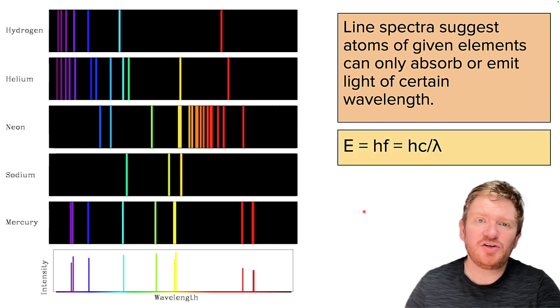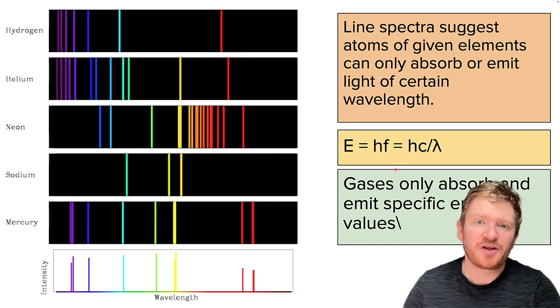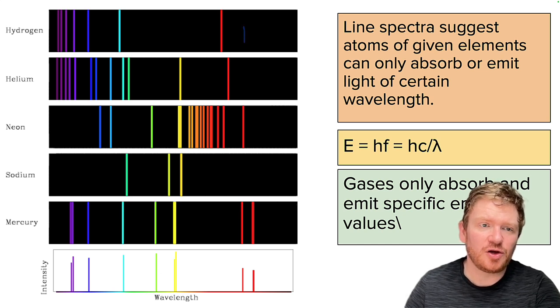Since we know that the energy of a photon is Planck's constant multiplied by its frequency, or rearranged, hc over lambda, that tells us that gases only absorb or emit specific energy values.